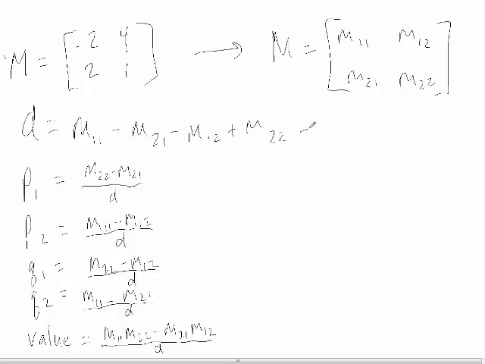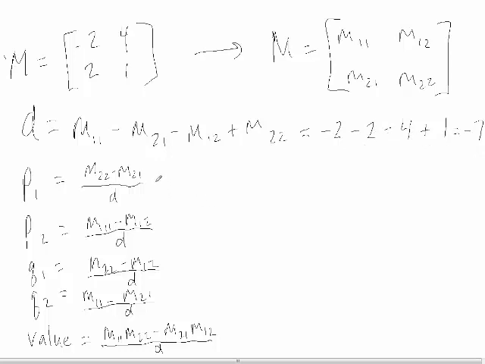So for D we get M11, which is -2, minus M21, which is 2, minus M12, which is 4, plus M22, which is 1. So that value is -7.